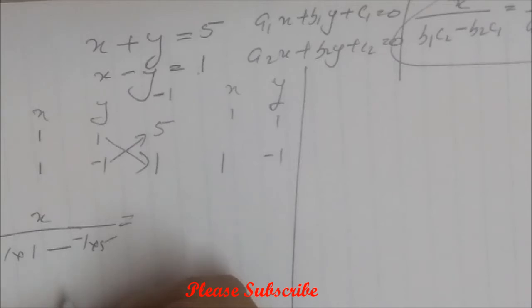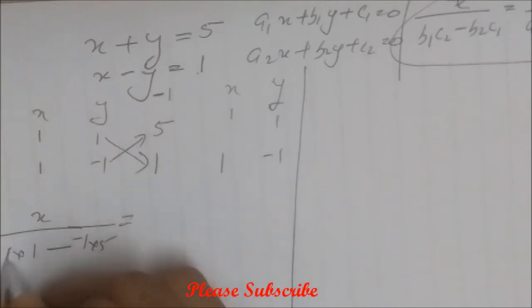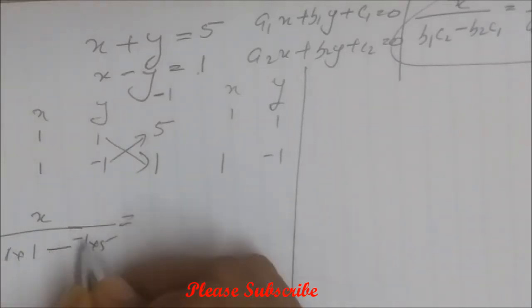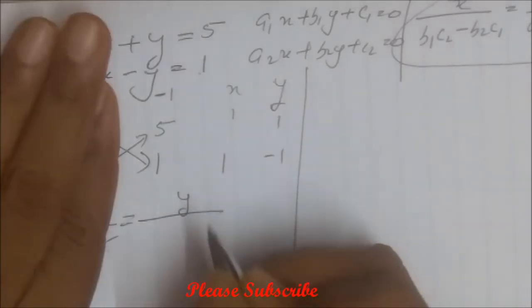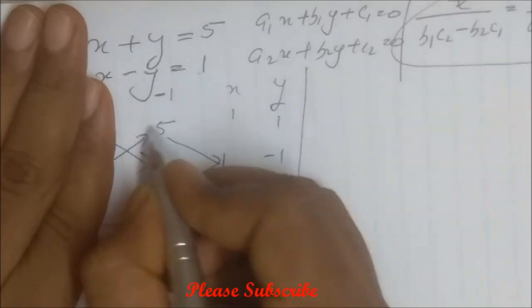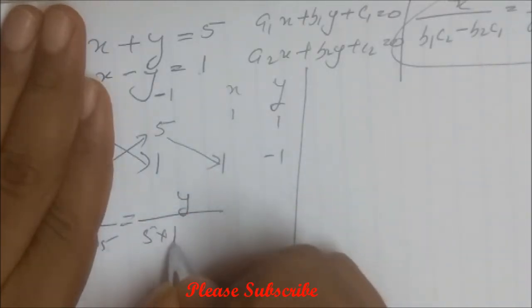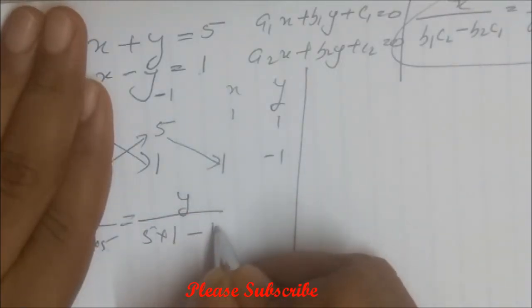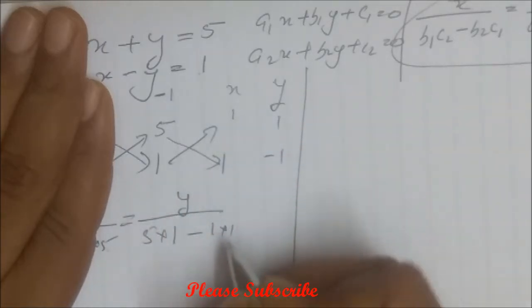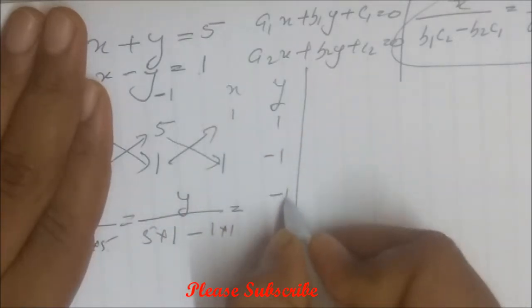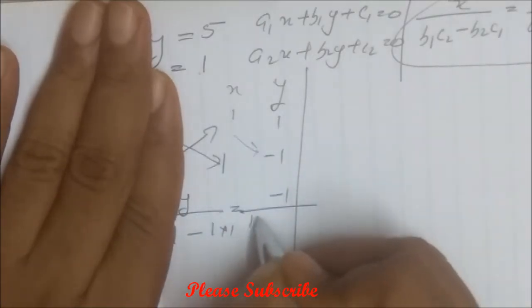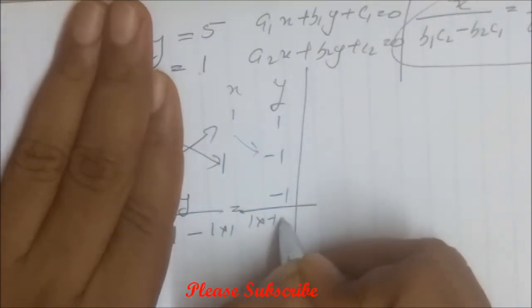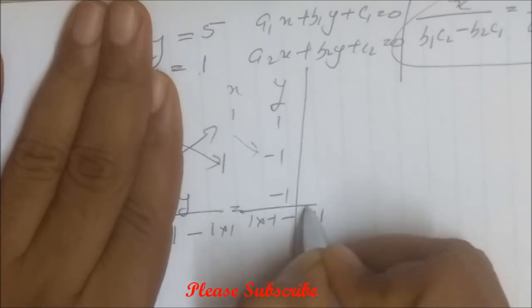This is a simple method that you can follow. x by 1 into 1 minus 1 into 5 is equal to y by, just cover the y, then do a cross, 5 into 1 minus 1 into 1, is equal to minus 1 by, just cover minus 1, you get 1 into minus 1 minus 1 into 1.